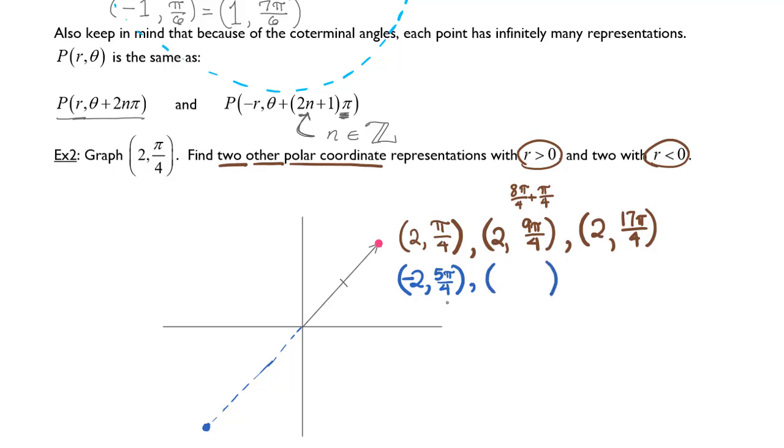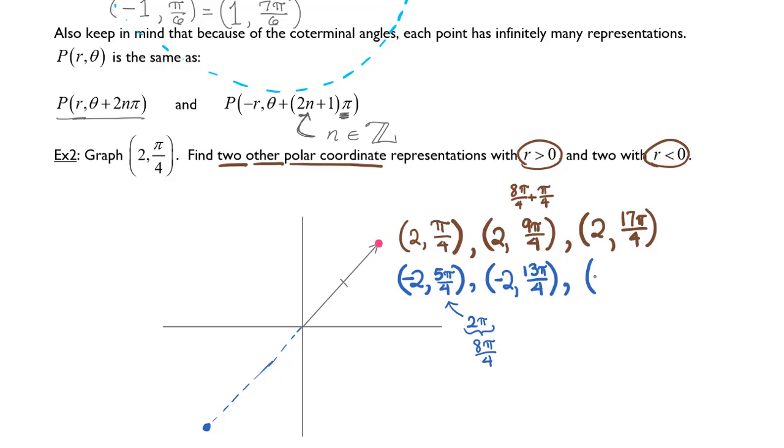Now I'm just going to add 2 pi to this 5 pi over 4. 2 pi is equivalent to 8 pi over 4, which means I'll add 8 pi over 4 to 5 pi over 4, and that will give me -2, comma 13 pi over 4.